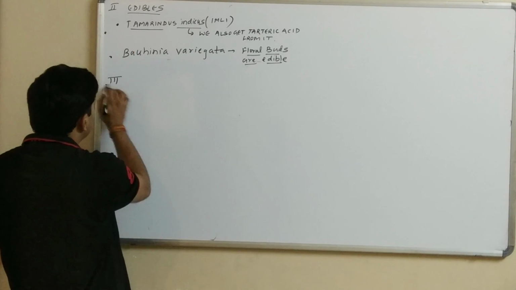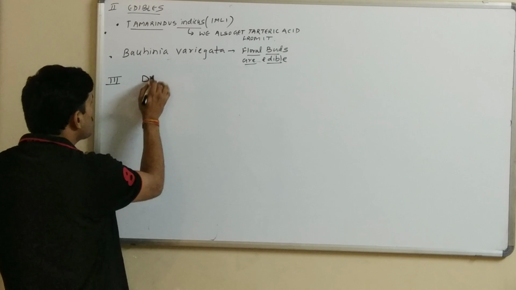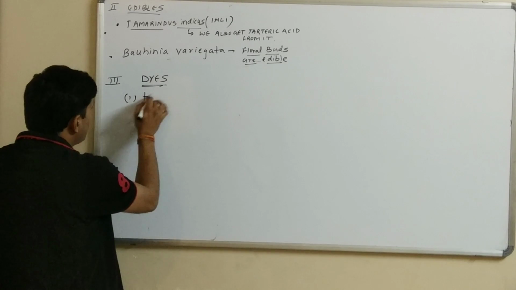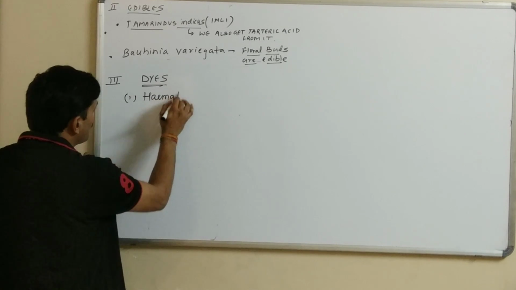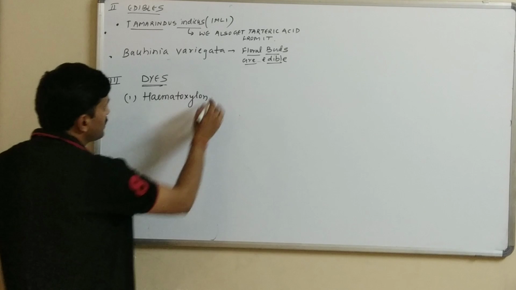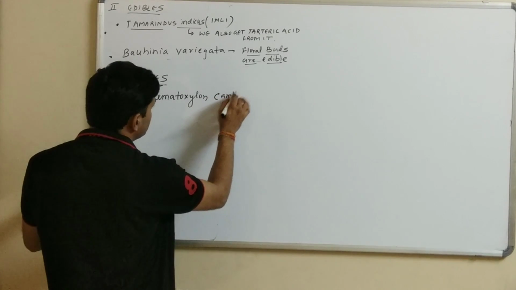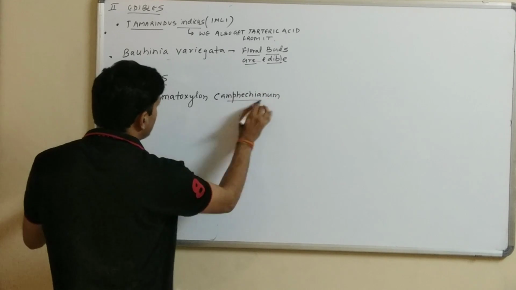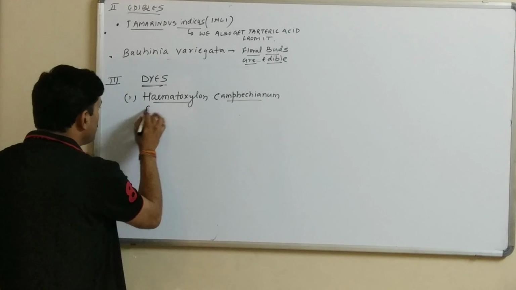Now the third economic importance is that it is a source of dyes. For example, Haematoxylon campechianum.